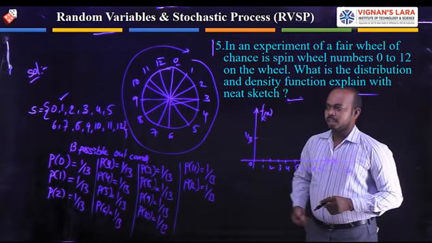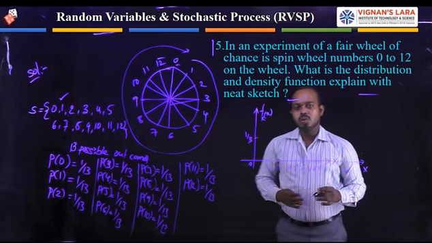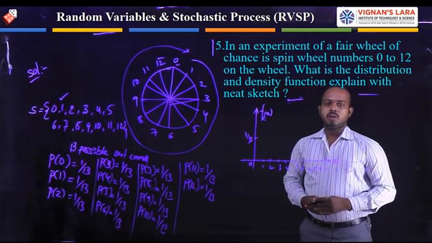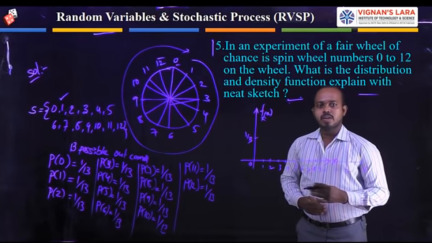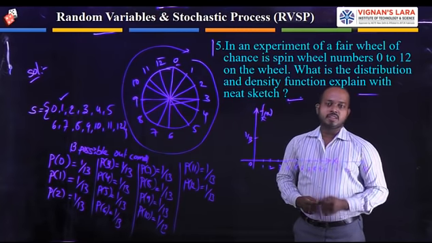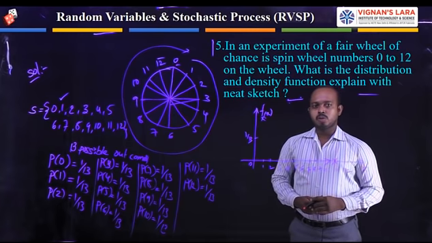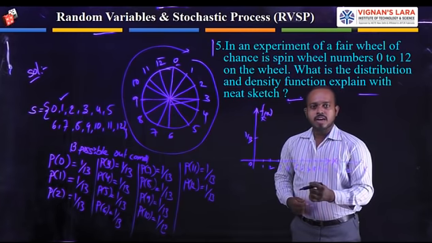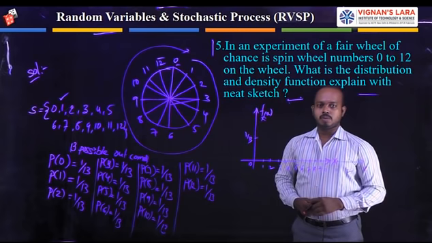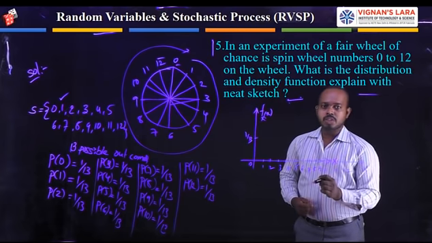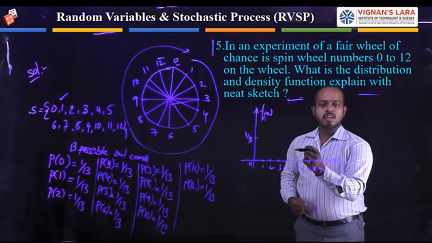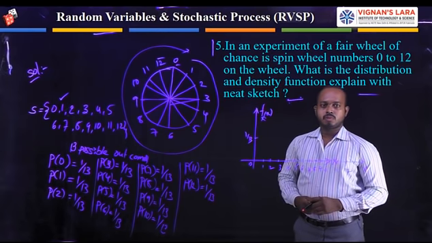According to given data, is the random variable discrete or continuous? We have a small description about discrete and continuous random variables. When the random variable is discrete, the graphical representation for a density function is an impulse.